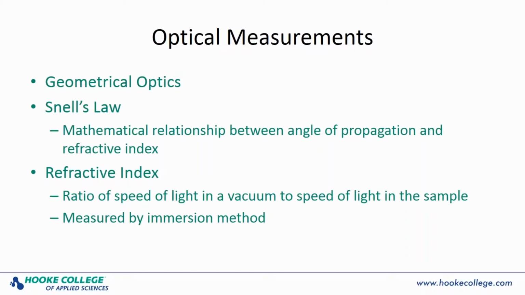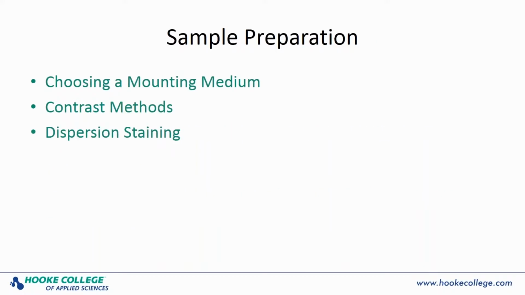High index values can be an indication of the presence of heavy elements, such as lead or barium, while a low index value can indicate the presence of light elements, such as boron, fluorine, or even waters of hydration. The choice of a mounting medium is important in achieving the desired contrast and chemical compatibility with the sample.